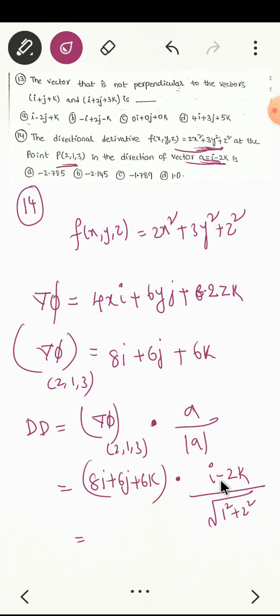Dot product: 8 ones are 8, plus 6 twos are 12, that is minus 12 plus 6 into, sorry, j is not there, 0 plus 6 twos are 12 minus 12 divided by root over 5.